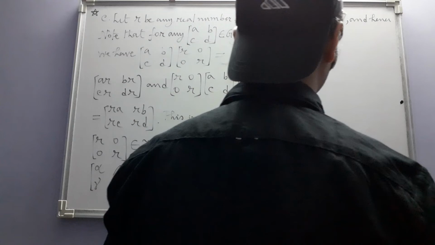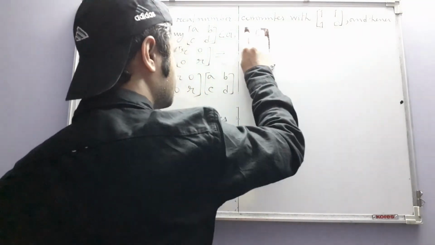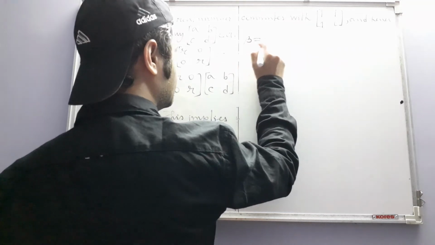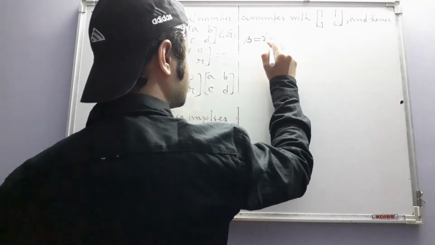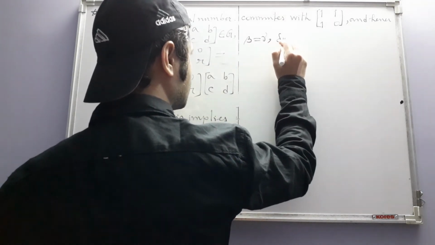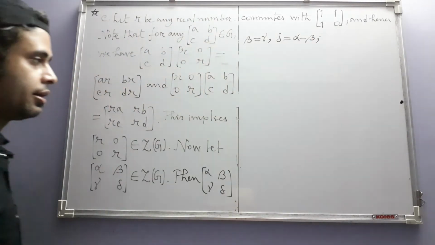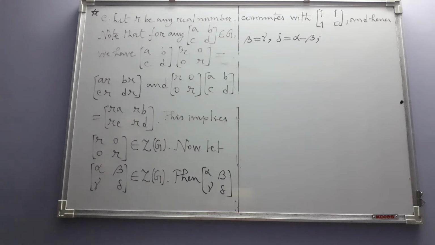So we first write that, and hence beta equal to gamma and delta is equal to alpha minus beta.